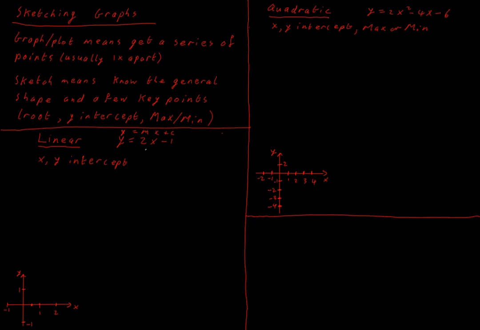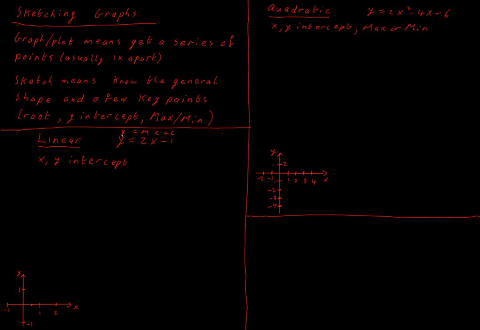Why? Because everything else involves an x, and when we're on the y-axis, x is 0. So to find the y-intercept of any function, it doesn't matter if it's linear, quadratic, cubic, quartic, doesn't matter. If we have a constant on the end when we have y equals everything, then we know the y-intercept automatically.